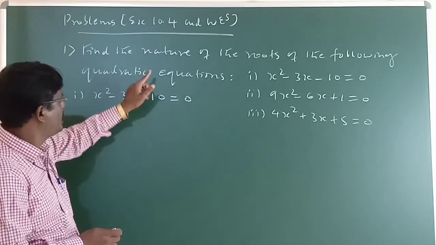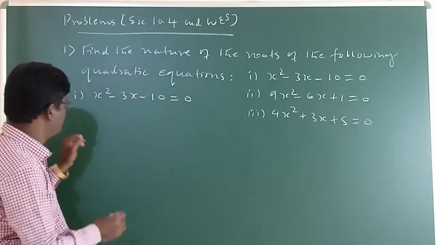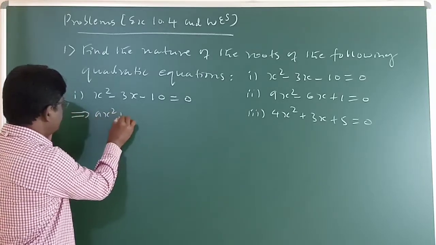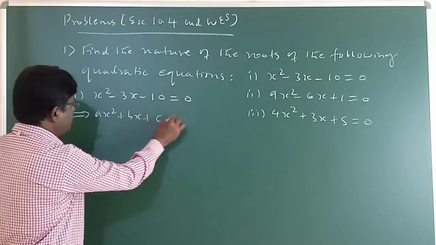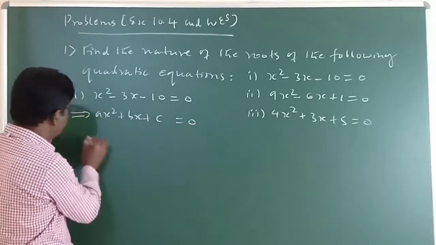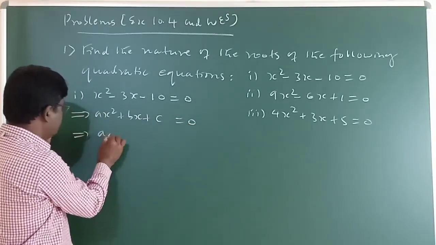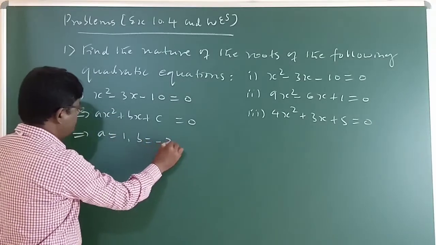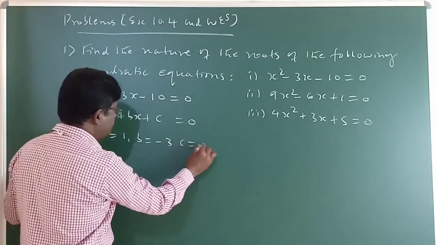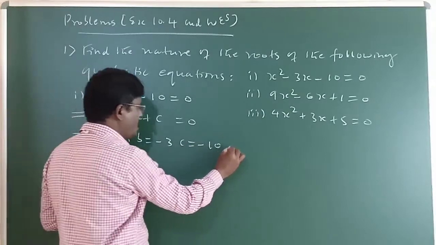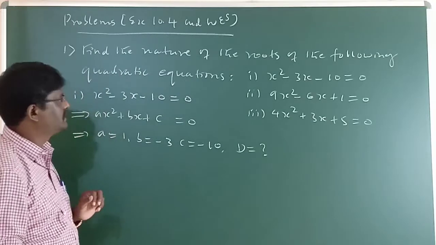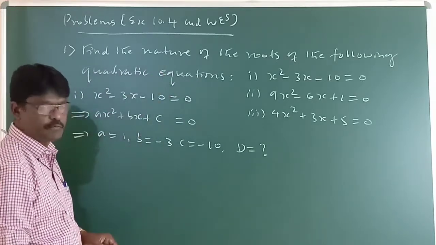Therefore, compare this with ax square plus bx plus c equal to 0. This implies a is the coefficient of x square, b the coefficient of x, c the constant. Since it is on nature, we have to find D. That's why the term nature tells us what we have to do.